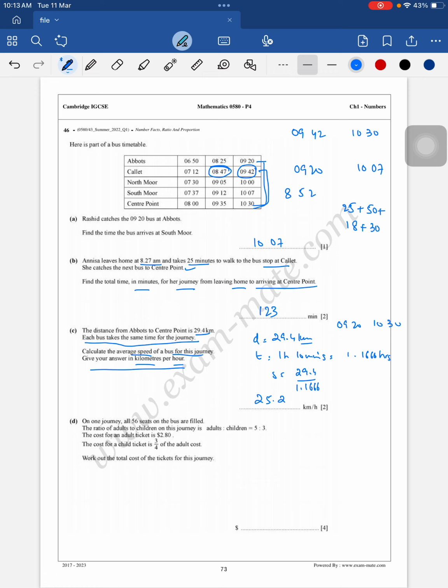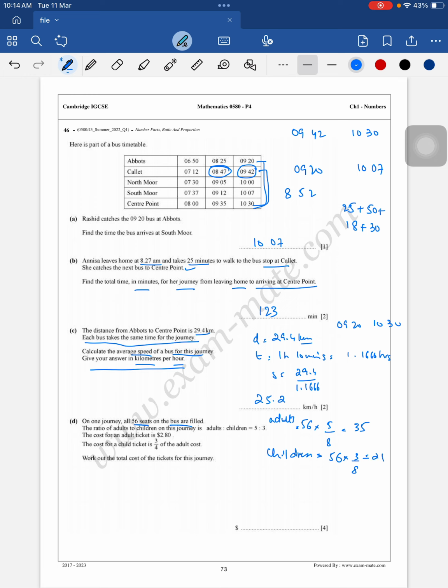Okay, so we have 56 seats on the bus to be filled. Adults to children is 5:3. So first take out adults. 56 multiplied by 5/8. 5 means ratio of adults is 5, total is 8. So 56 multiplied by 5 divided by 8 is 35. Adults are 35 and children are 56 multiplied by 3/8, 21.